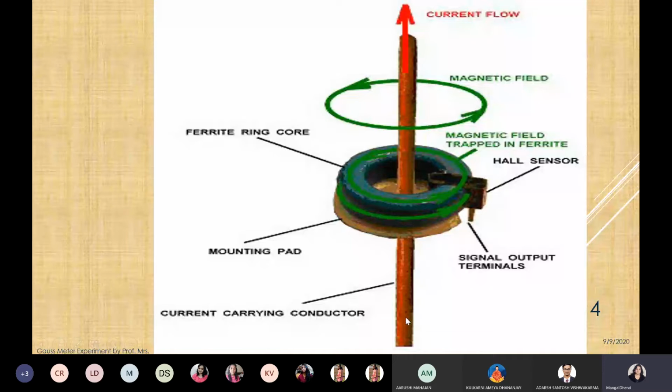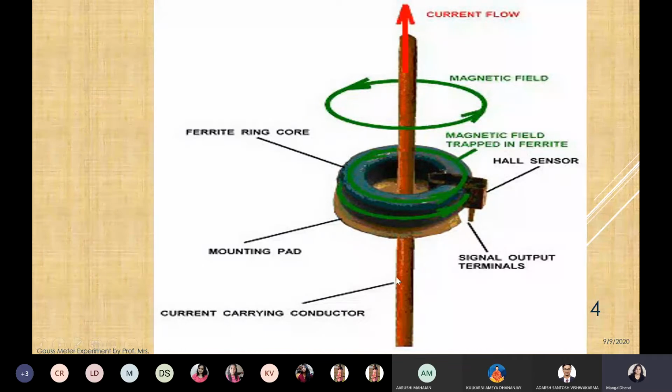So whenever a current carrying conductor is placed in the magnetic field, now you don't confuse between the two currents. One current is this, the second current is the current which will produce the magnetic field, because here a permanent magnet is not used. So you have to pass current, and whenever current is passed, a magnetic field is produced.